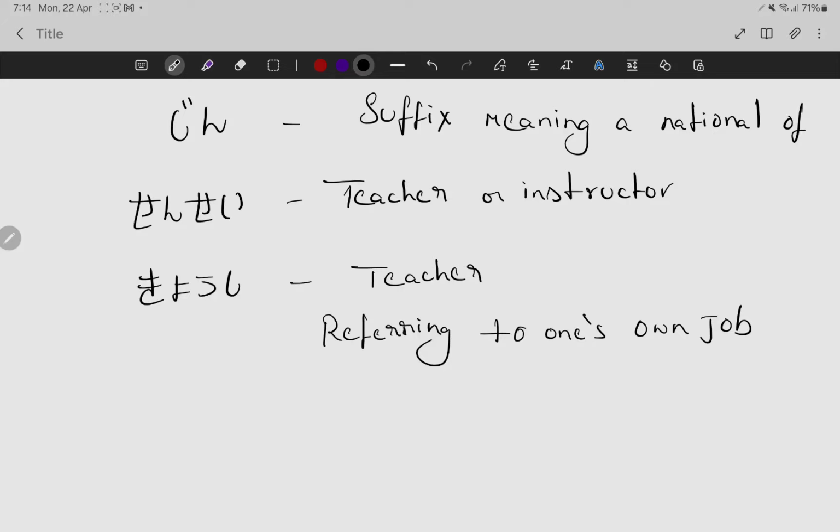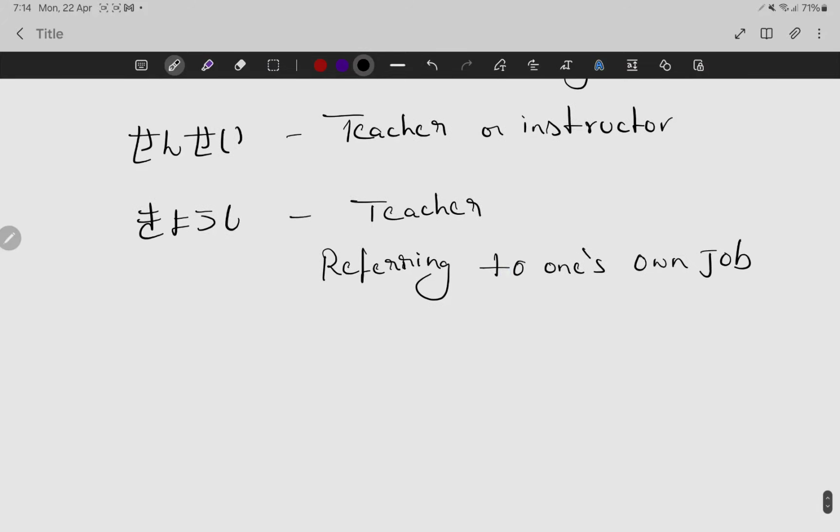Sensei is if you want to call a teacher, or tell some other person's profession as a teacher. Kyoshi is when you want to tell your own profession. For example, watashi wa kyoshi desu.